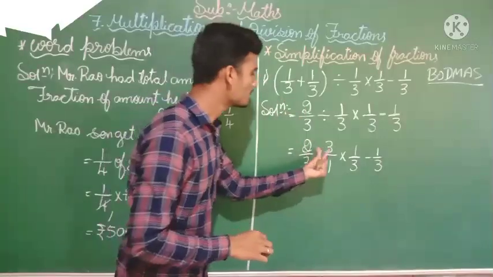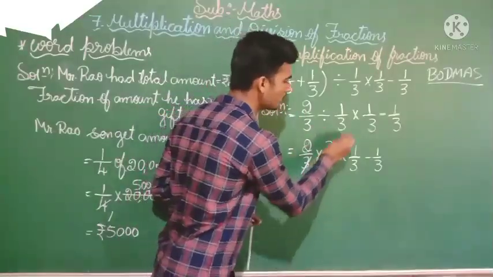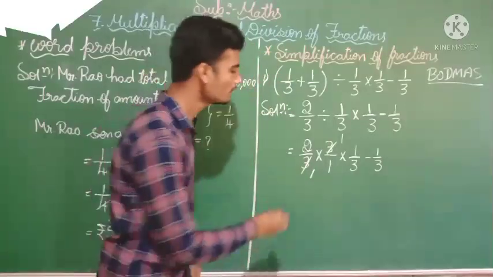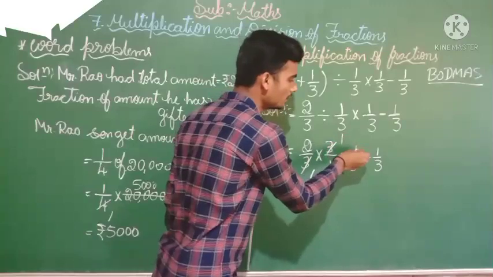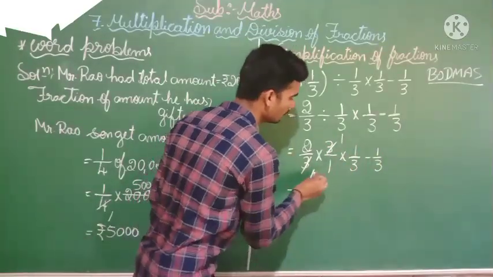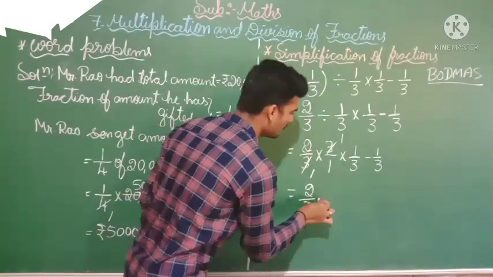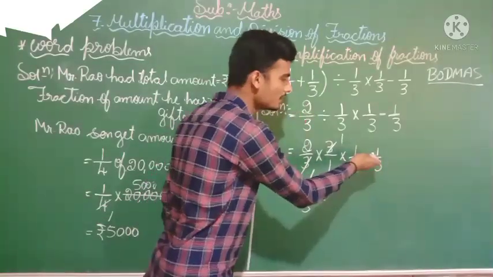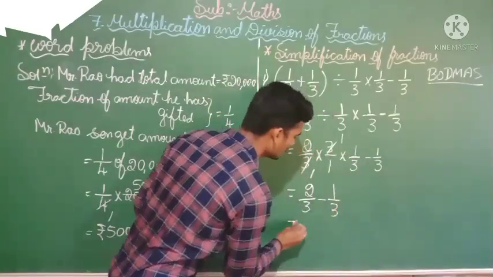Now we have to simplify. You cross multiply here itself. 3 ones are 3, 3 ones are 3. Now you multiply: 2 ones are 2, 2 ones are 2. 2 divided by 3. 1 ones are 1, 1 threes are 3. Minus, which number remains? Minus 1 by 3.